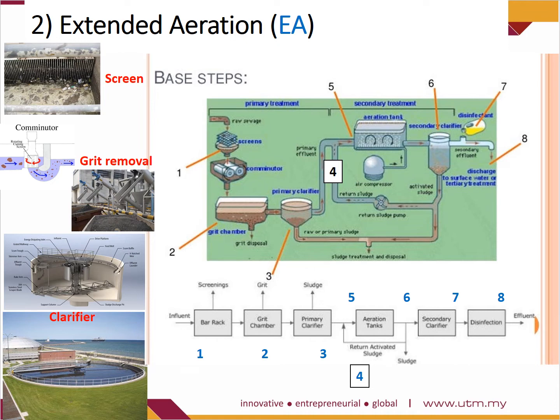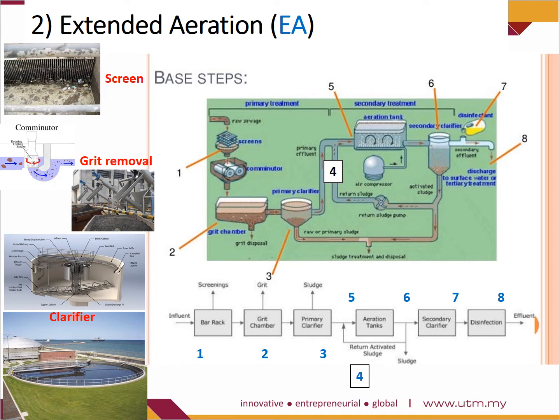The supernatant will go into aeration tank. This is a series of large tanks supplied with air compressor, and then basically you need to understand primary treatment is to remove solid from liquid up to primary clarifier.